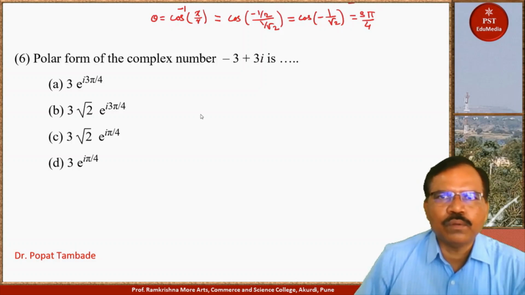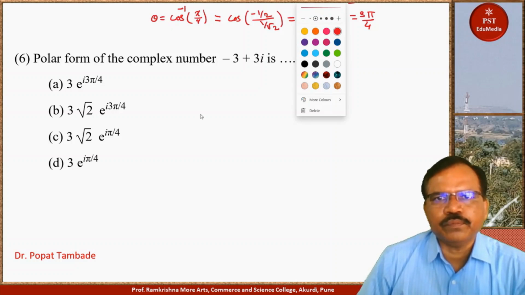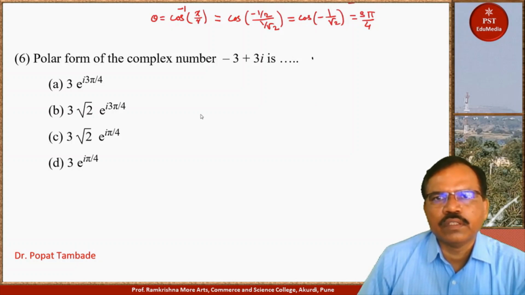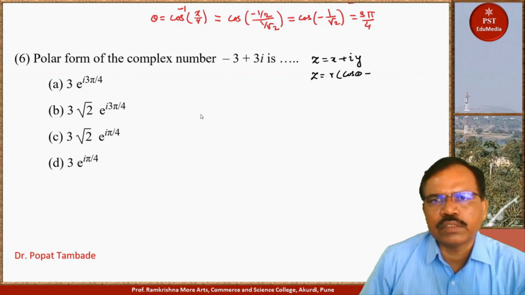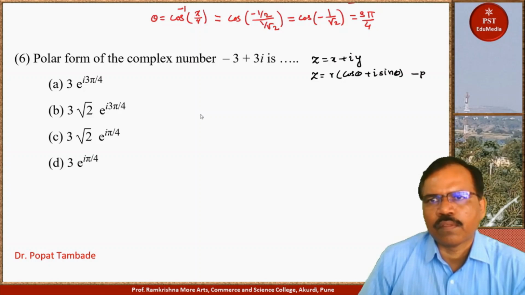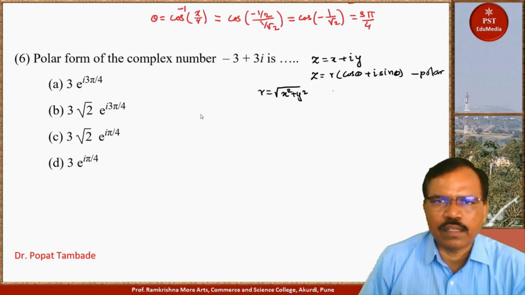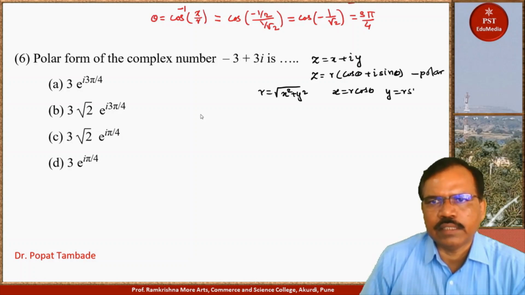Now here if we have z is equal to x plus iy complex number, you can write this as z is equal to r (cos theta plus i sin theta). This is polar form, where r is equal to root of x square plus y square, and x is equal to r cos theta, y is equal to r sin theta.